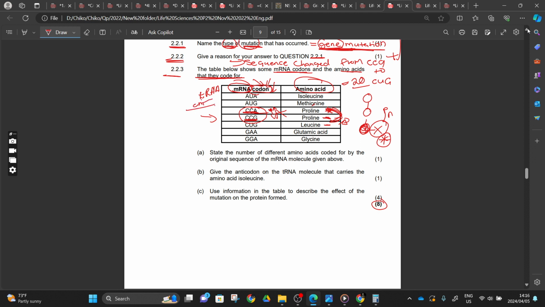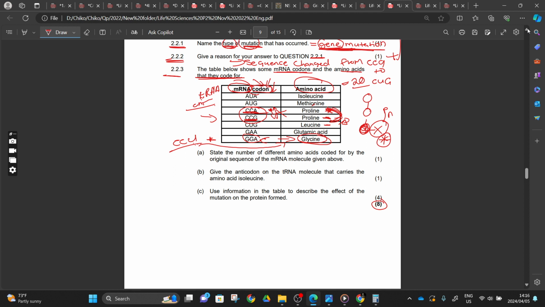So, for example, this one is GGGA, so the tRNA anticodon will be CC uracil, right? But both of them will be bringing glycine. This mRNA is going to produce glycine, or the tRNA that's going to bind with this is going to be carrying glycine, right?